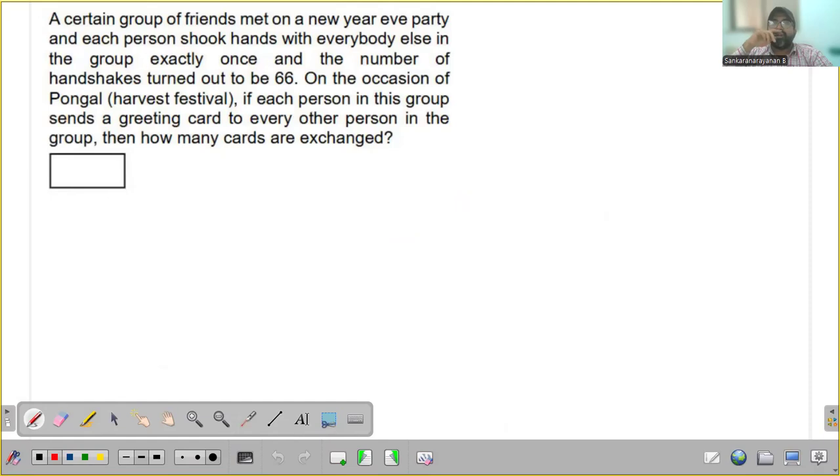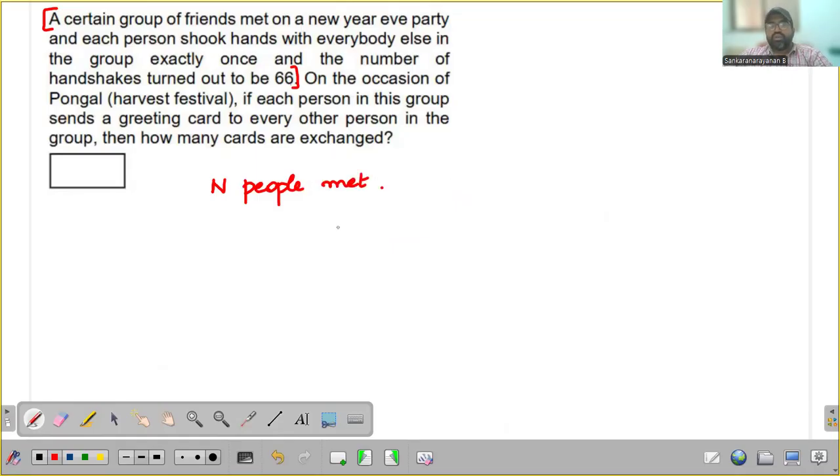A certain group of friends met at a New Year Eve party. Each person shook hands with everybody else in the group exactly once, and the number of handshakes turned out to be 66. So, I am going to consider what is given here up to this point. Let us consider that n people met in that party.